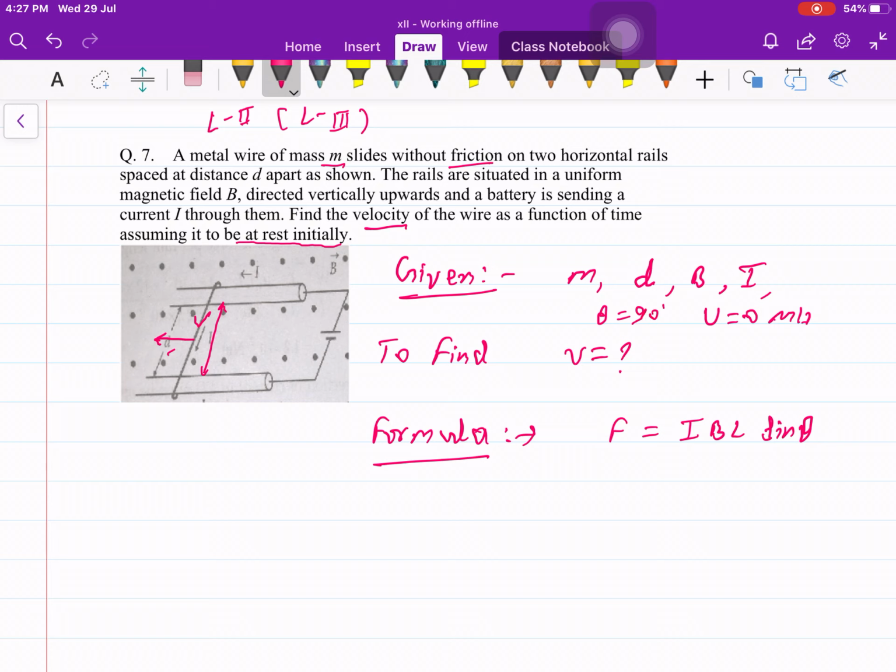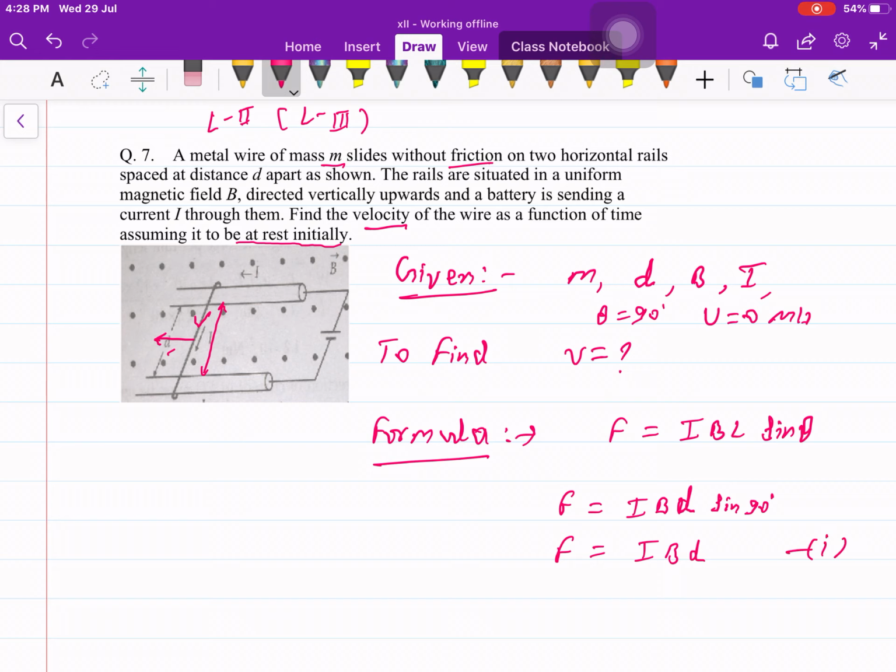So we can calculate the force: F is equal to I B, and not L, now it is d, because here it is given d, sin theta, that is sin 90. So it is I B d.